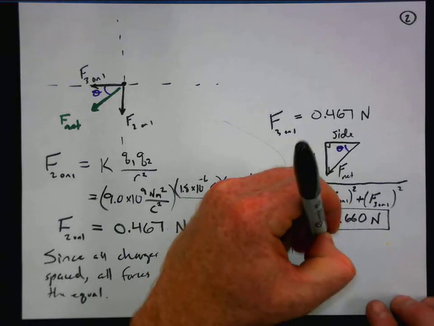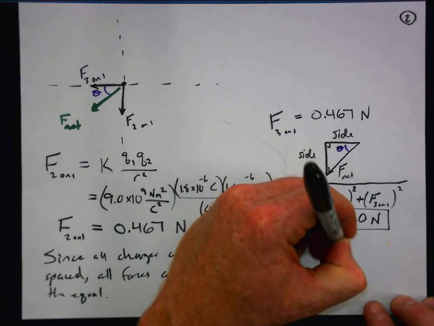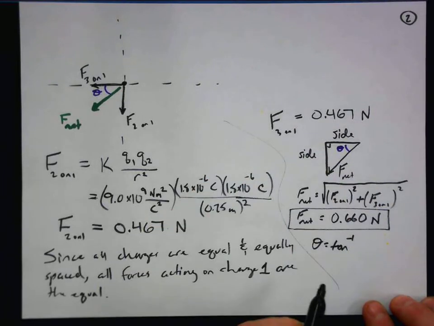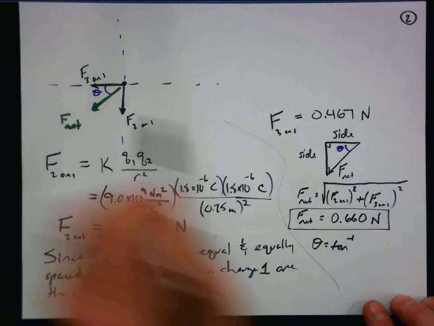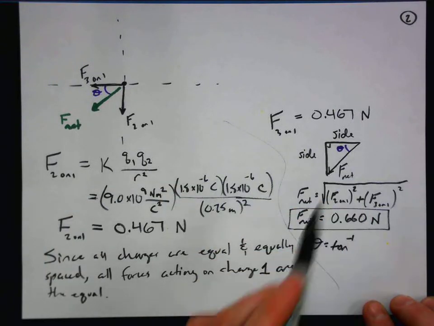Sure. So that means theta is equal to inverse tangent of this opposite side, which was force of 2 on 1, divided by that side, which is force of 3 on 1.